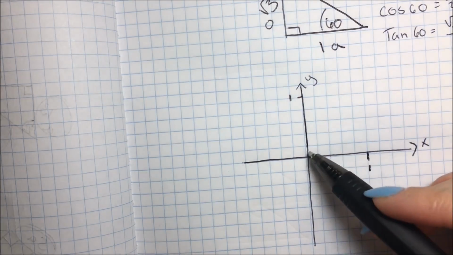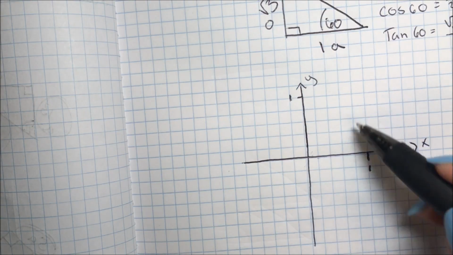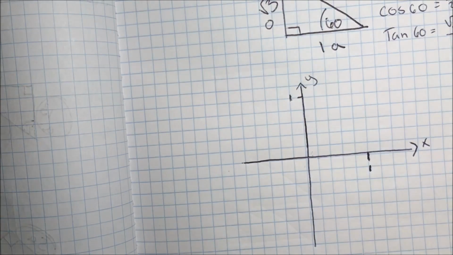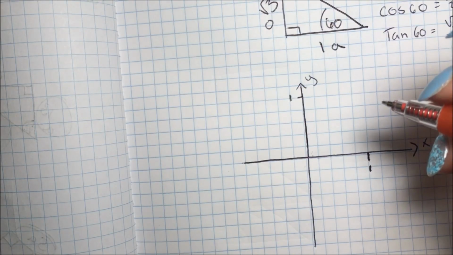Okay. If I were to put a right triangle on here, okay, with a hypotenuse of length 1, now let's say this first right triangle that I make is a 30, 60, 90 right triangle. Okay?